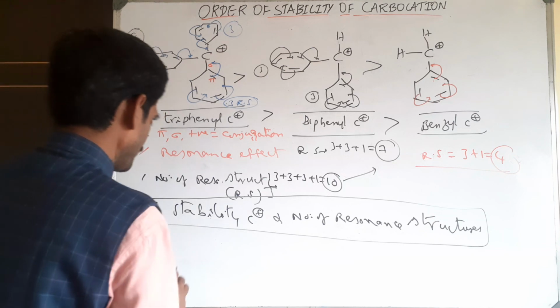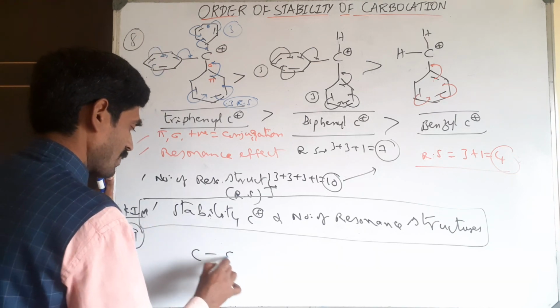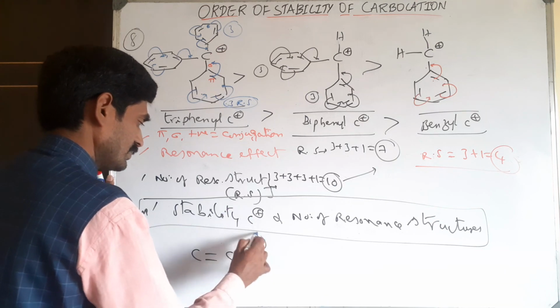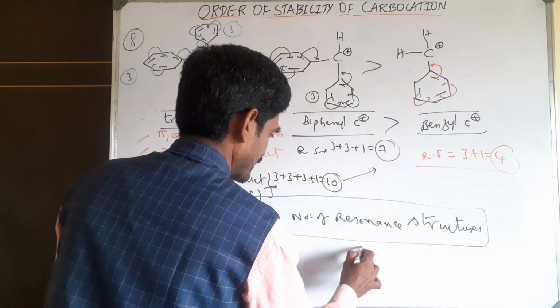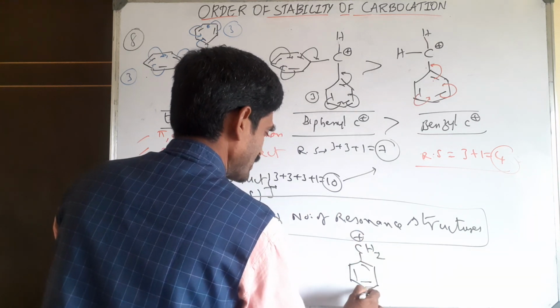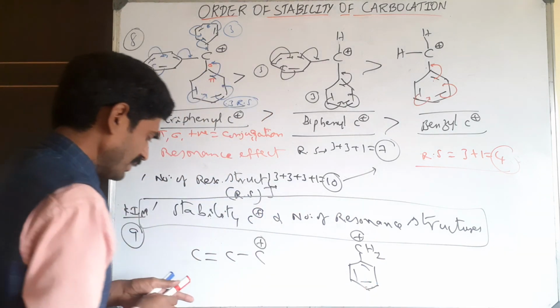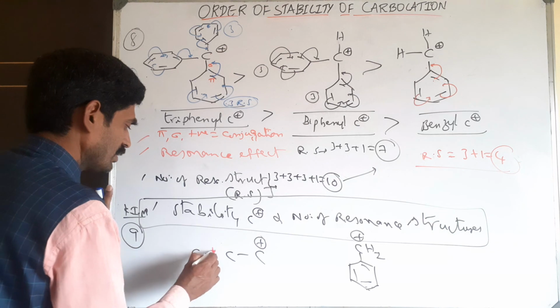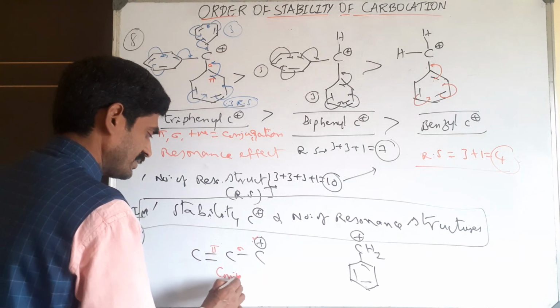For example, take it here. In this case, it is a comparison between a benzyl carbocation and an allyl carbocation. Here pi bond, sigma bond, positive charge is there, so conjugation is there.